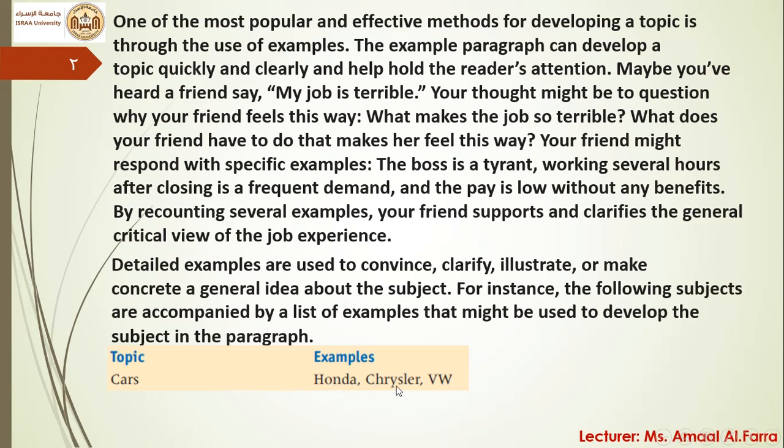Honda, Chrysler, Volkswagen. If you are going to talk about cheeses, you are going to mention examples of these cheeses: Gouda, mozzarella, cheddar, and also in other topics or subjects you have to mention examples when you want to write exemplification paragraphs.